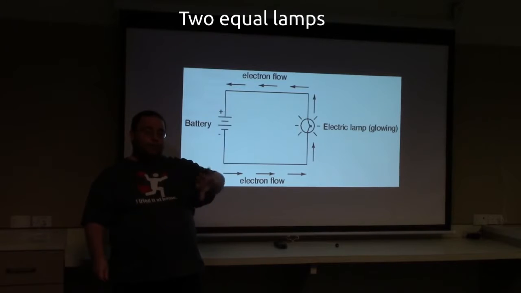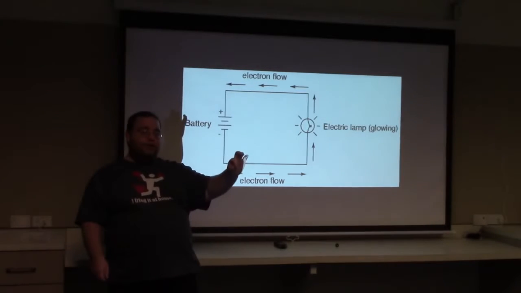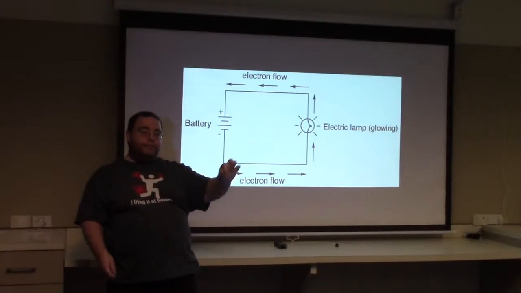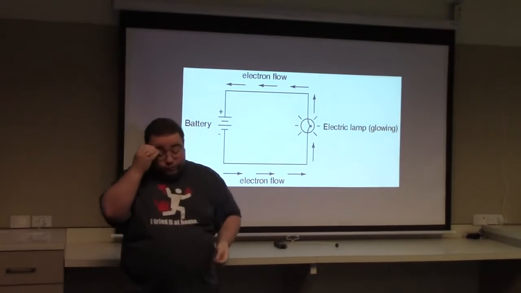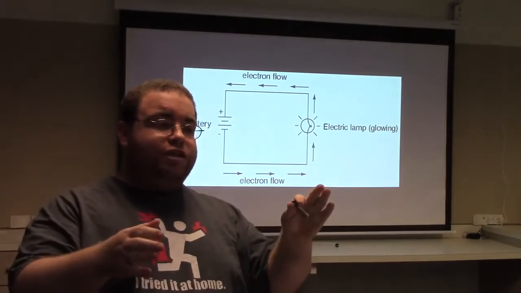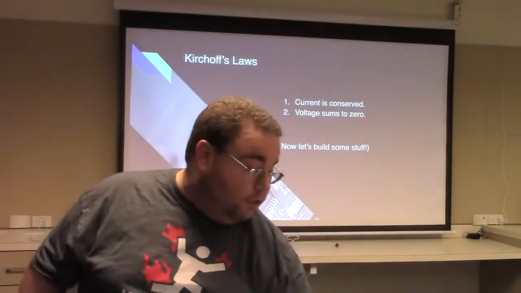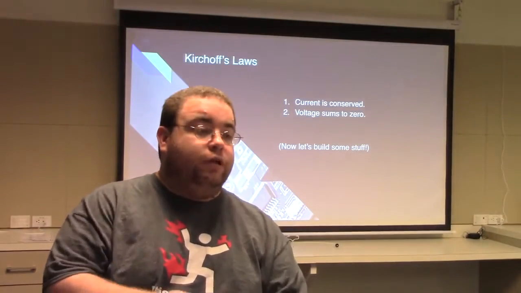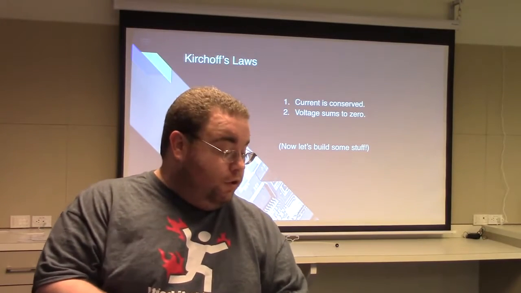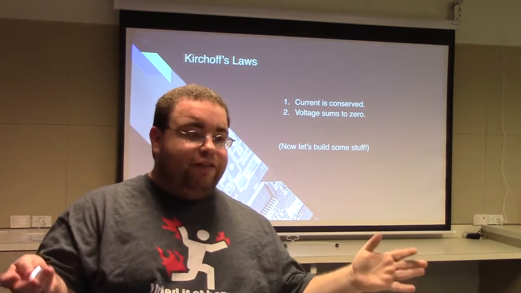You would divide the voltage in half. If you put a voltage probe in the middle of the 2 lamps, it would show 2.5. Because all the voltage changes must sum to 0. And those are Kirchhoff's 2 laws of circuits. Those two and Ohm's law determine basically everything about circuits.